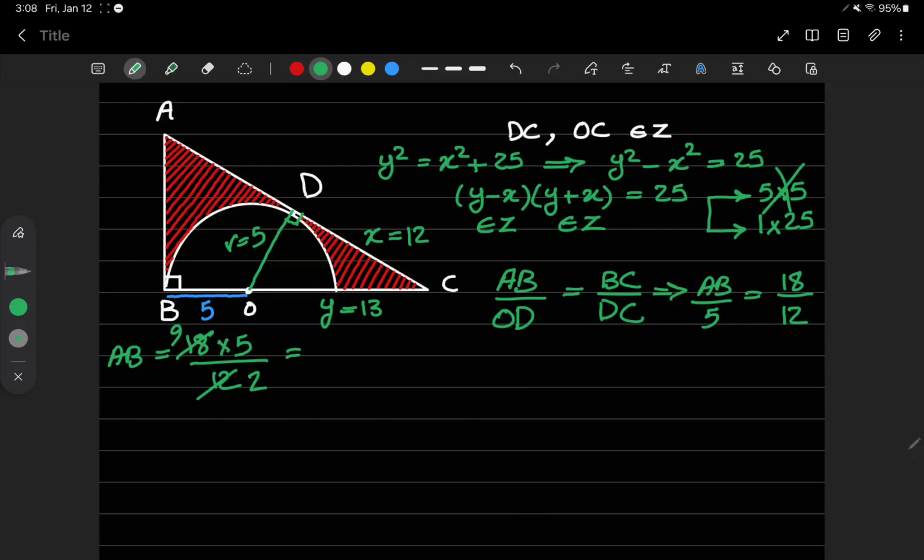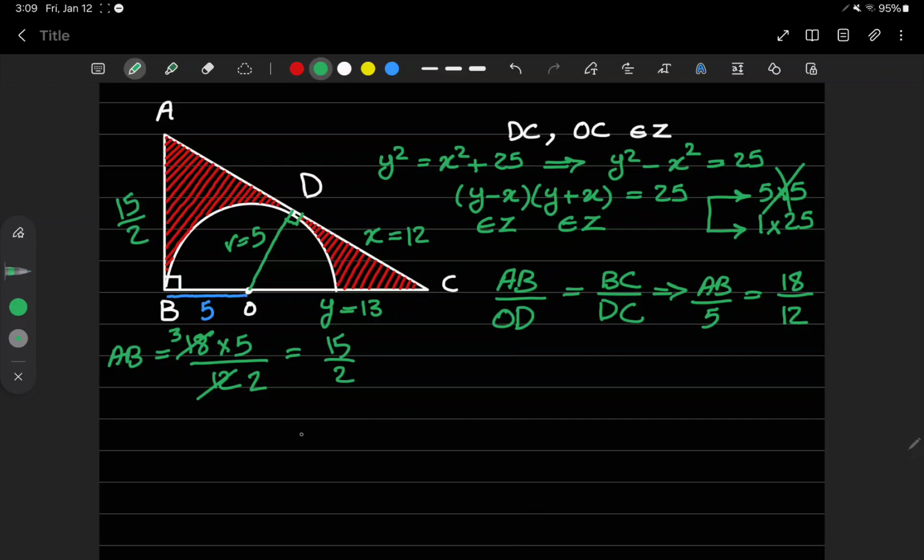So we have 45 over 2. Sorry, this is 3. So we have 15 over 2. Okay, that's the length of AB. So the area of the big triangle is basically AB.